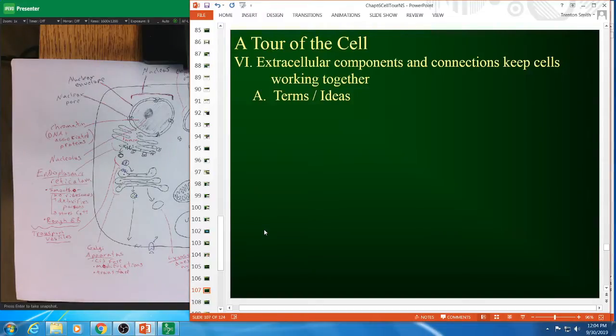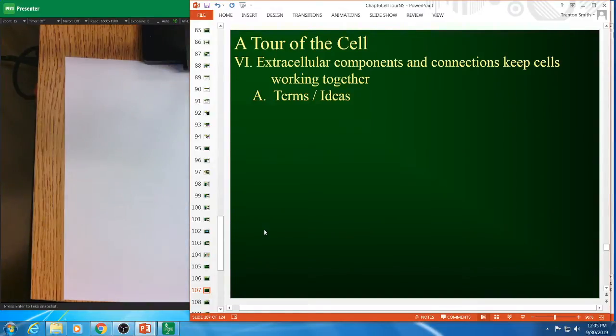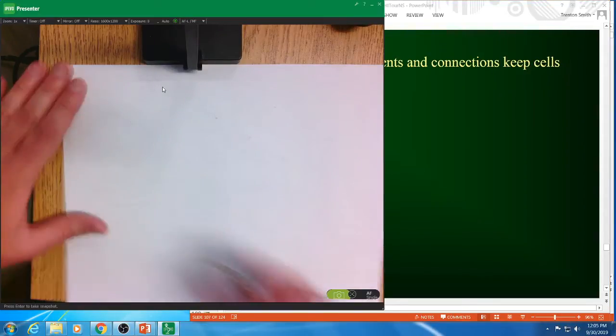All right. So I was going to do one more thing before we left the idea of the cytoskeleton completely. If you like a table, we can do that.